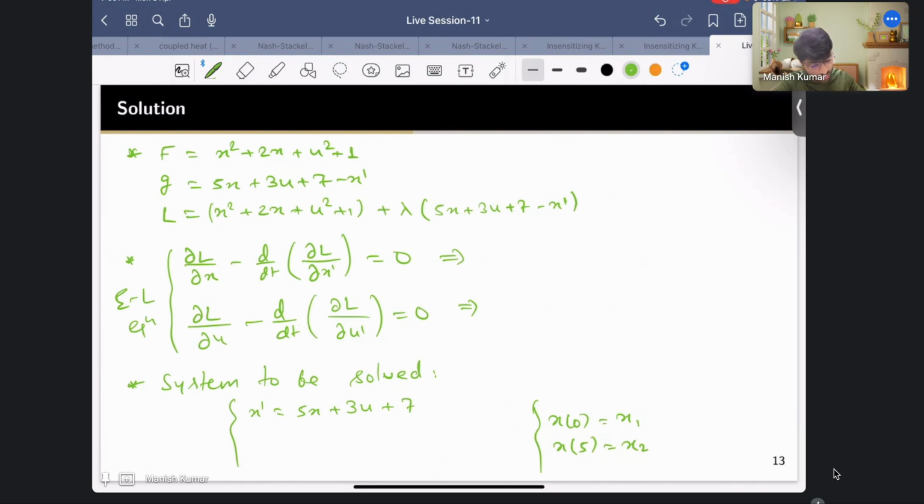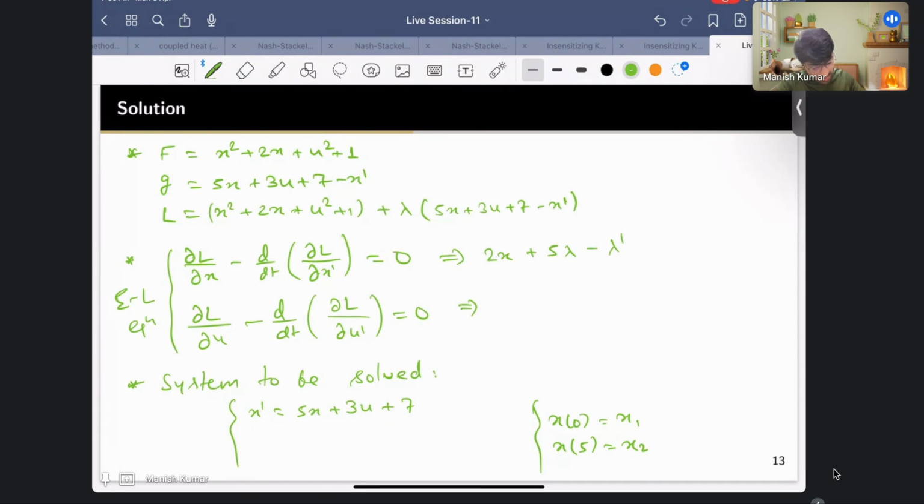So here the first equation will be 2x plus 5 lambda minus lambda dot equal to 0.